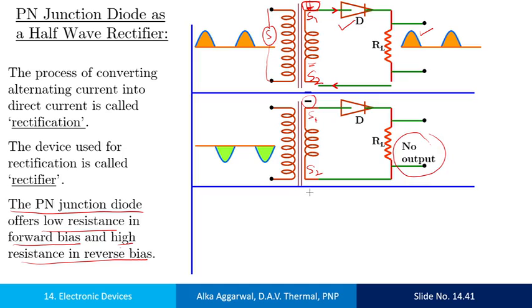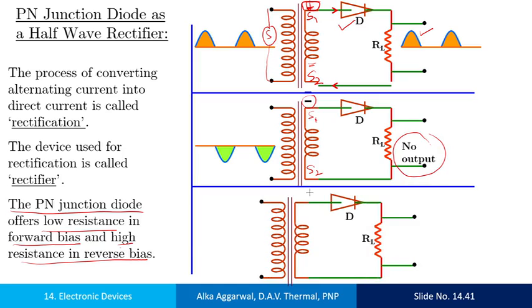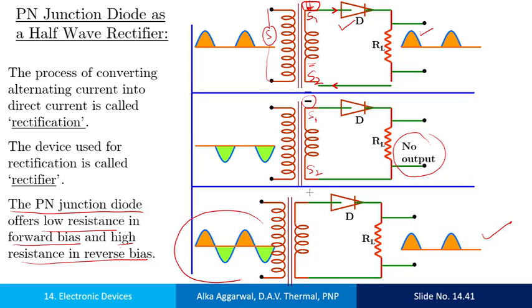When we combine these two cycles, then this will be the output. It is the input waveform. This one is output waveform.